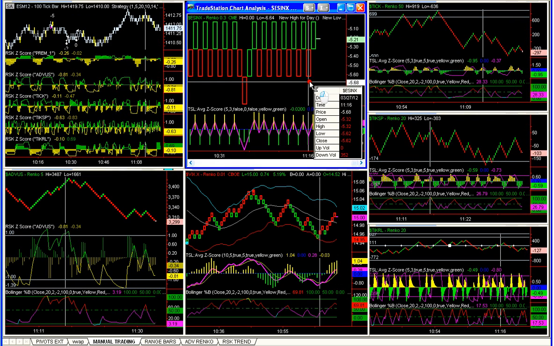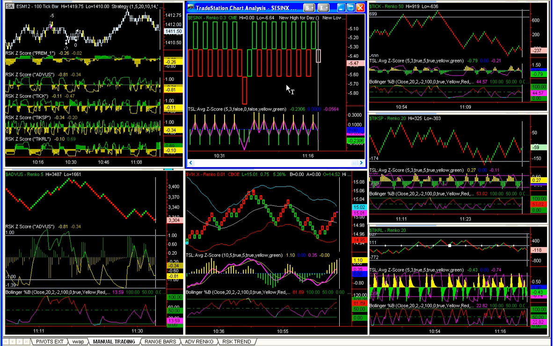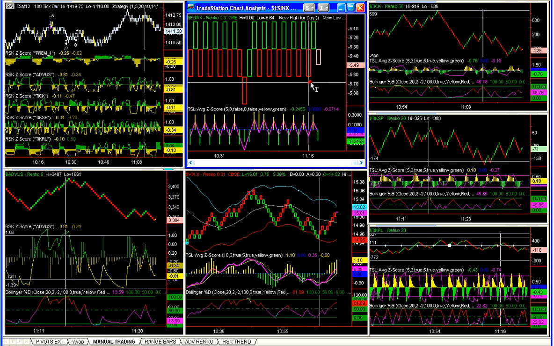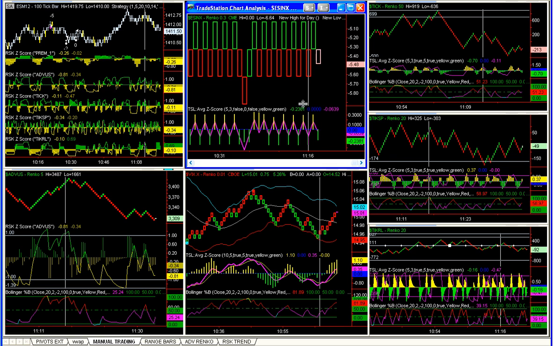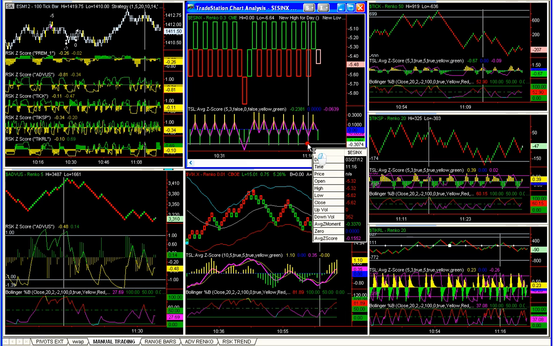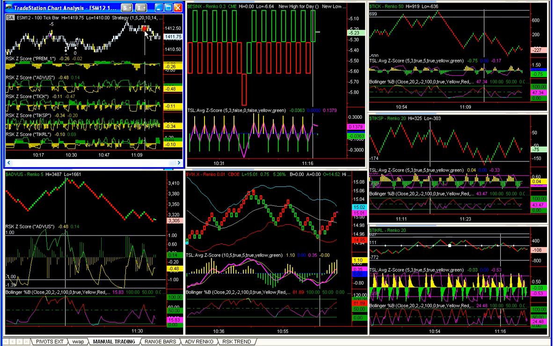Now what we've got going here is the fact that the Z-score is reflecting the brick of the Renko. I wanted to see if this would give us a little different picture, and it does. For example, right in here, it's below the zero line, and see where that's at here.